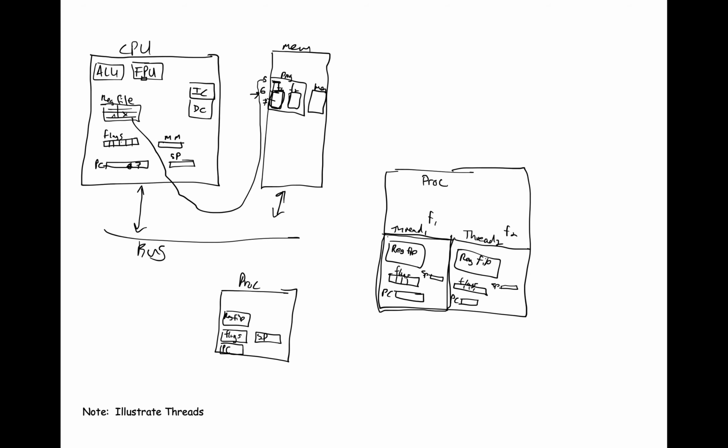Okay, so when we last left off, we talked about threads and processes, and we said that a thread represents all of that contextual information that is needed in order to execute an instruction stream.